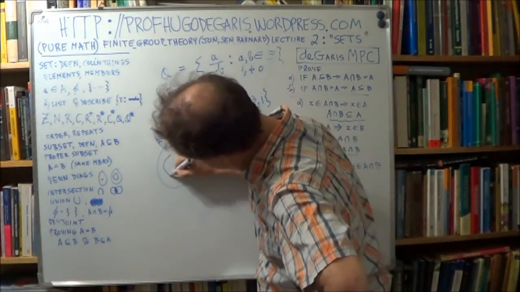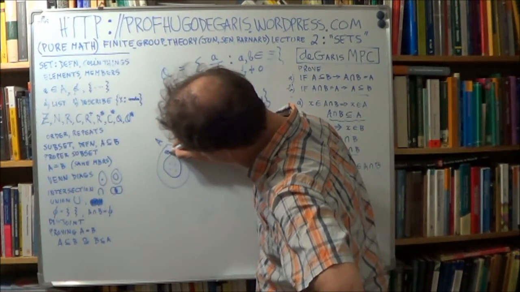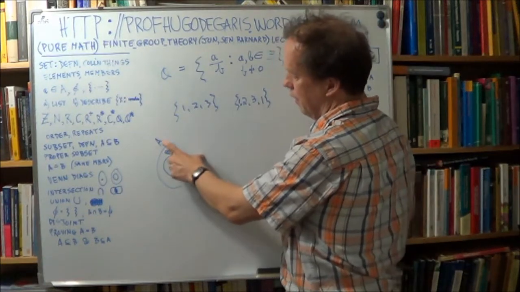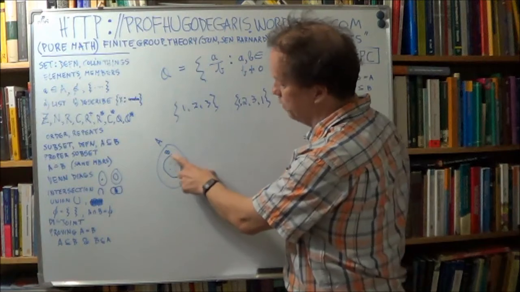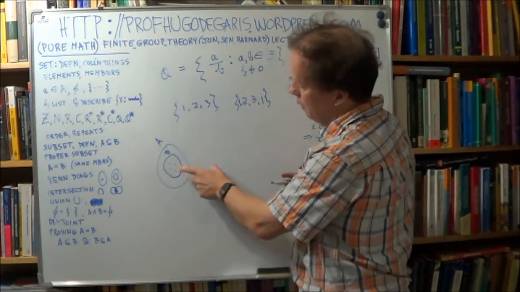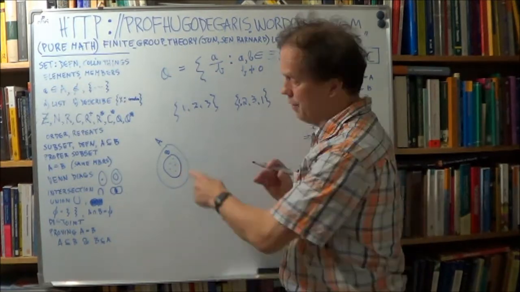Now, let's call this set B. If all the elements in B are also members of A, then B is defined to be a subset of A.